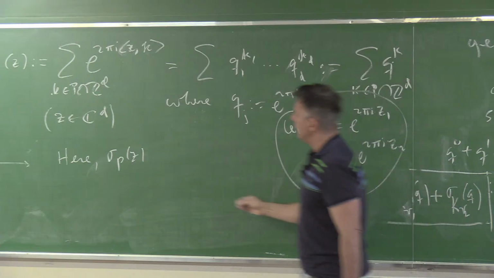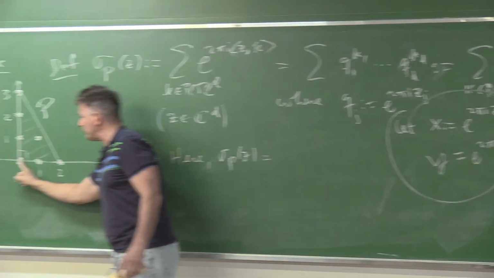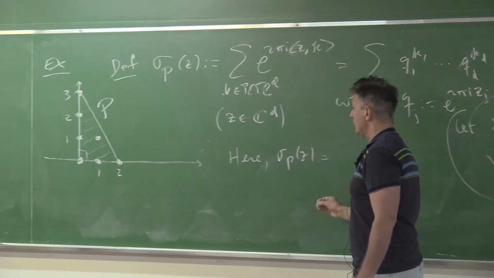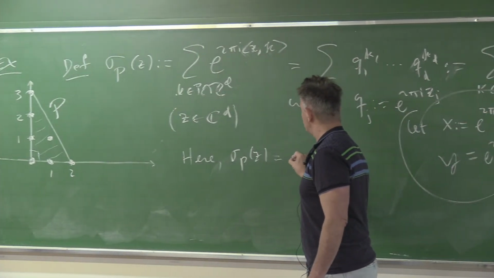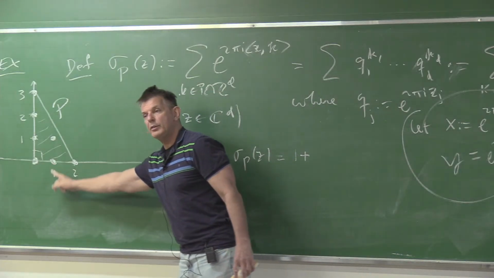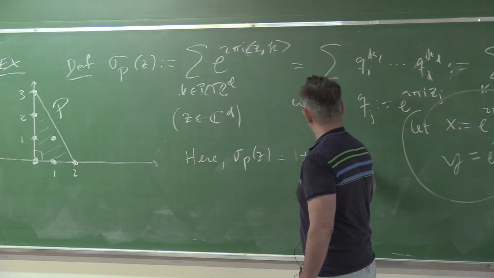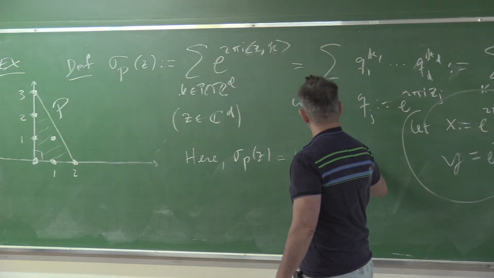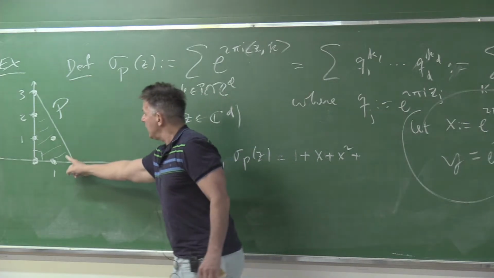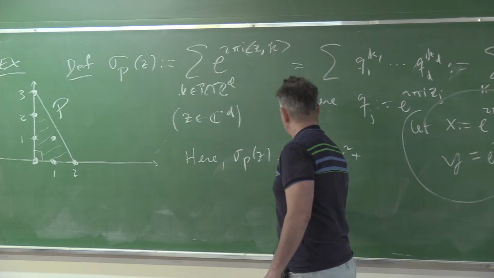So this is e to the 0, which is x to the 0, so it's going to be 1. This is e to the (1, 0) dot (z1, z2), so I'm just going to write x. This is x squared. This is interesting. This is xy.